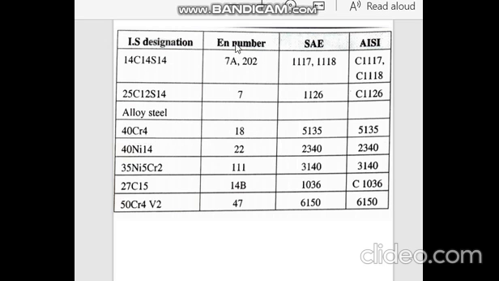Whereas British standard is EN18, SAE standard is SAE 5135, and AISI also. See now these two have combined their designations, so they use the same values, SAE and AISI. Earlier it was given by SAE standard, nowadays all are shifted to AISI. Now AISI gives the standards in America.